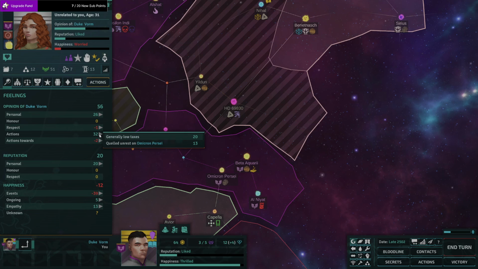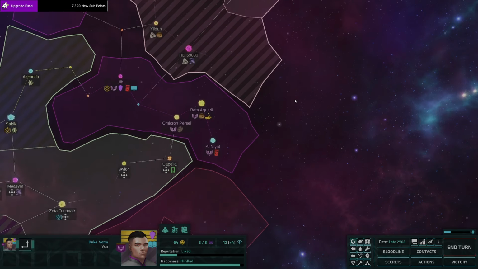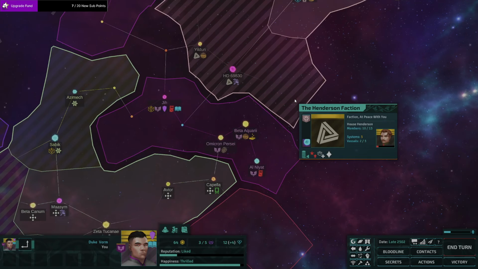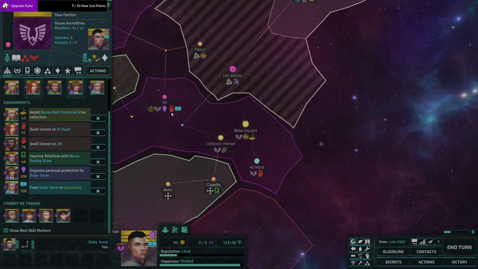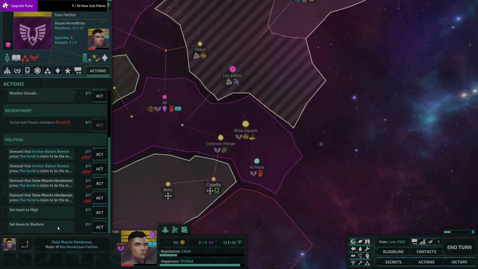Quelled unrest. Yeah, we got a big boost for sending my folks over to quell, so that's one way to help. Do I keep trying to push these, or do we raise taxes so we can do infrastructure upgrades? I think it's raise tax time. Go to medium.